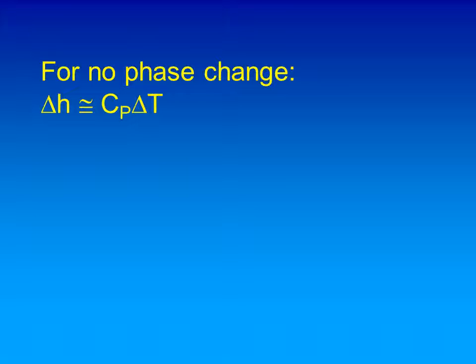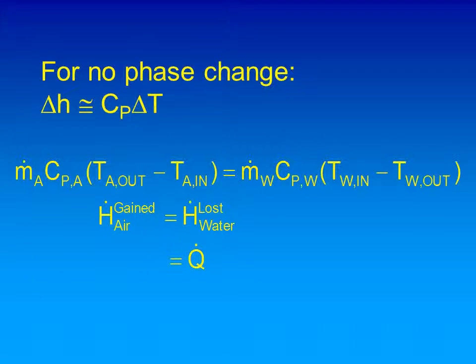If there's no phase change, then we can say for an ideal gas or for a liquid that doesn't change phase, delta H is approximately equal to Cp delta T. So I can rewrite this equation and rearrange it a little bit. All I've done is a little bit of algebra on this. And we have the mass flow of the air times its Cp times its temperature out minus temperature in.